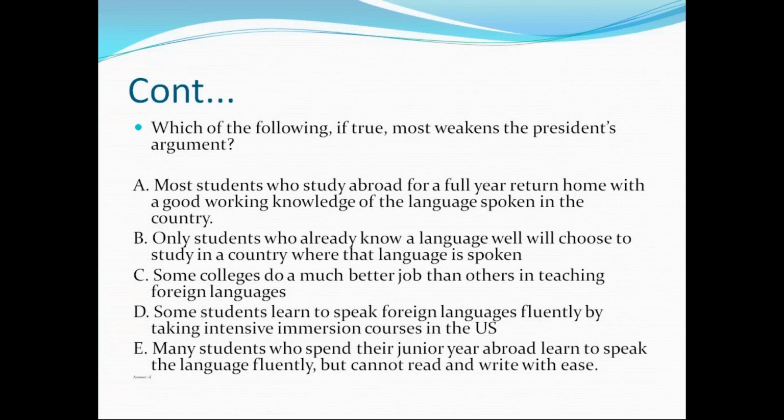Okay, so which of the following, if true, most weakens the president's argument? D. Yeah, D: some students learn to speak foreign languages fluently by taking intensive immersion courses in the US. So this tells us that you don't need to go abroad. That's an unnecessary addition to that argument.